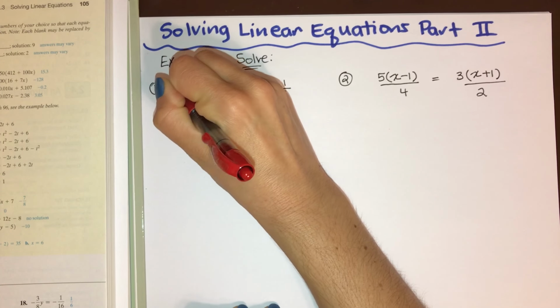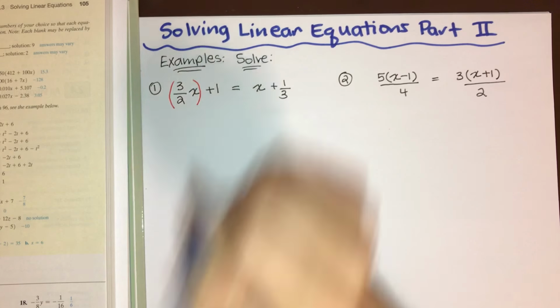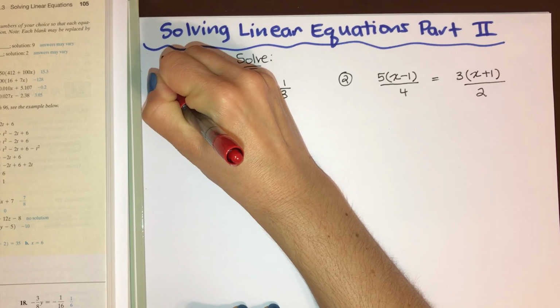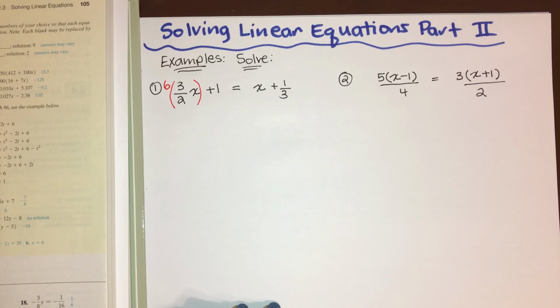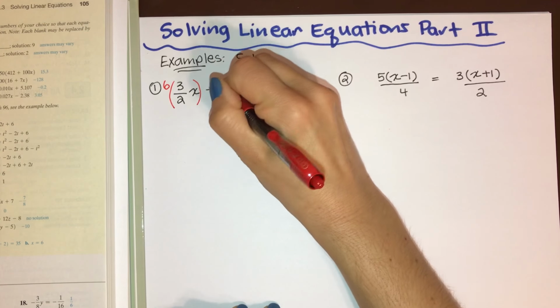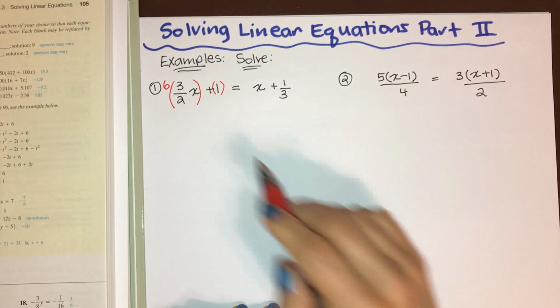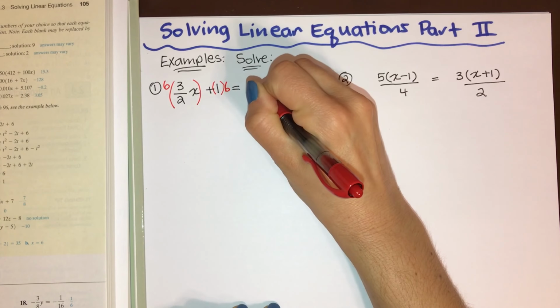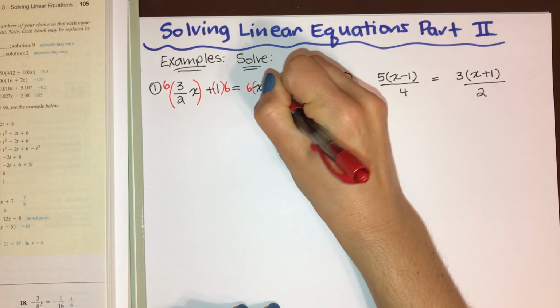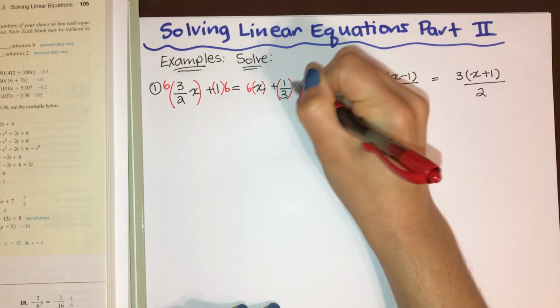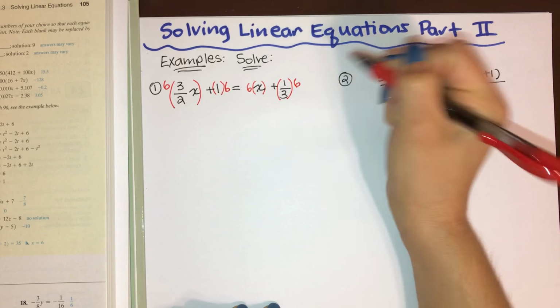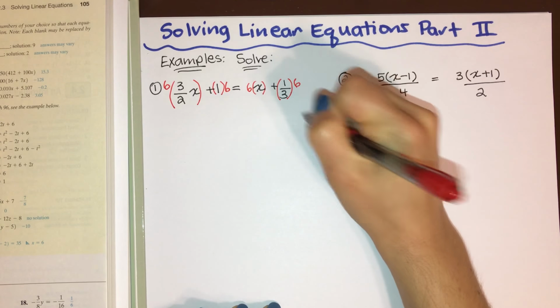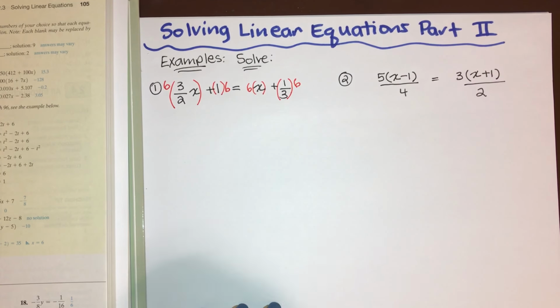So we multiply by 6, and when you multiply by 6, remember 6 is in the numerator when you're multiplying. And even though I do not have a fraction here, I still have to multiply by 6. And if you want, you could write 6 over 1 for all of these.